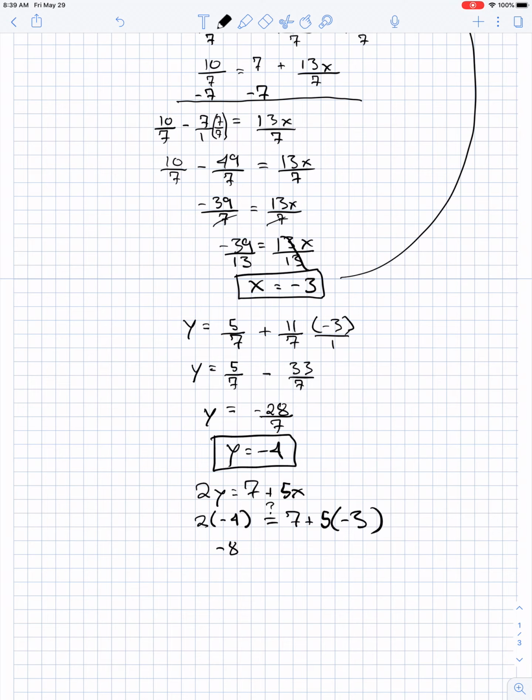So we get negative 8 equals, does it equal? We're asking. Does that equal that? It does. Okay, we checked our work. We got the answer right.